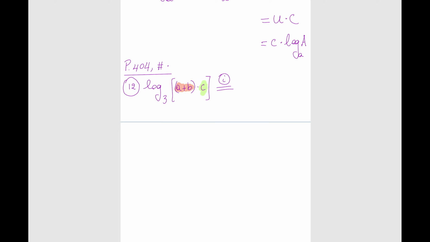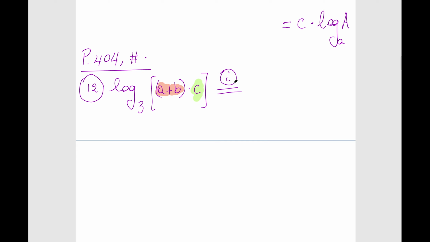So I'm highlighting these factors for you. So property 1 then tells us, well, this is log base 3 of one of the factors, so a plus b, plus log base 3 of c, right?